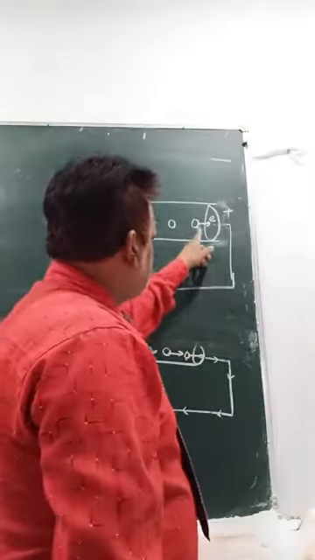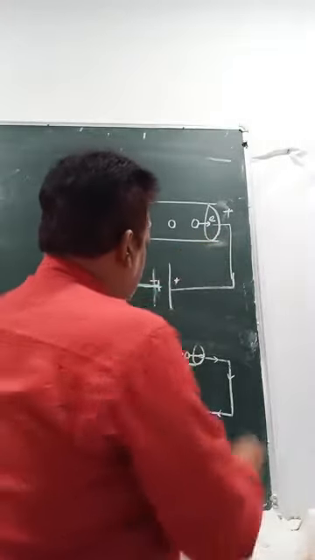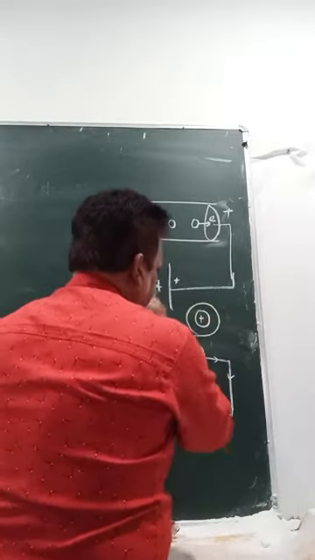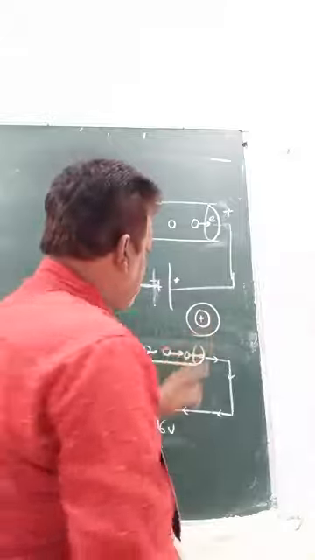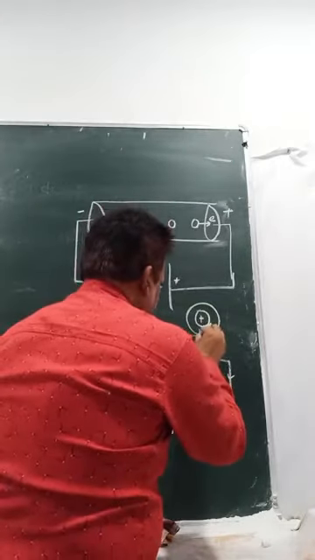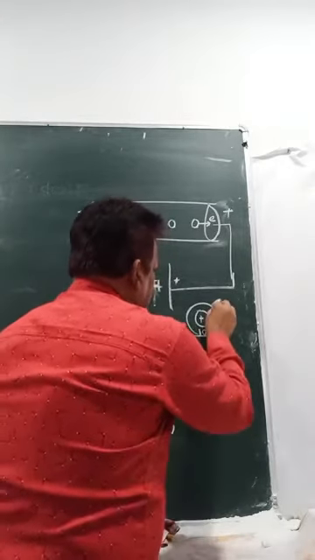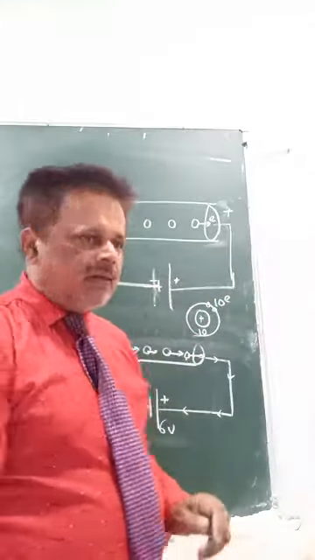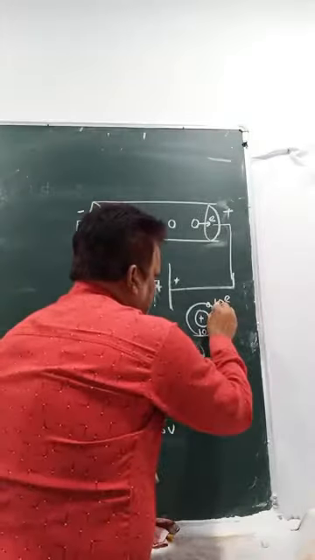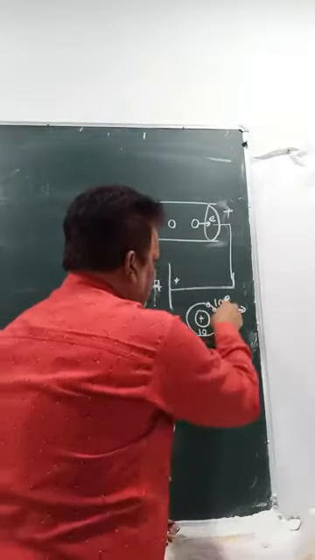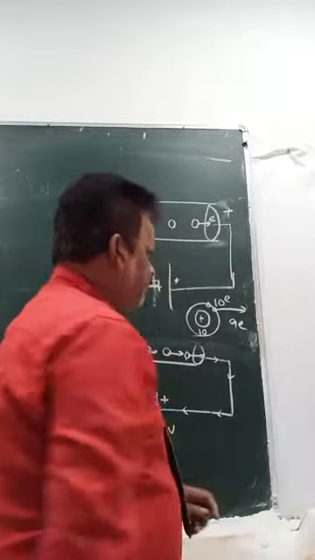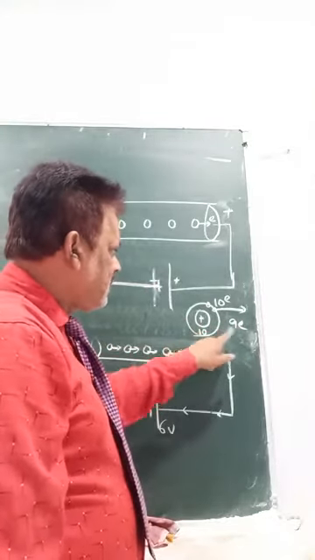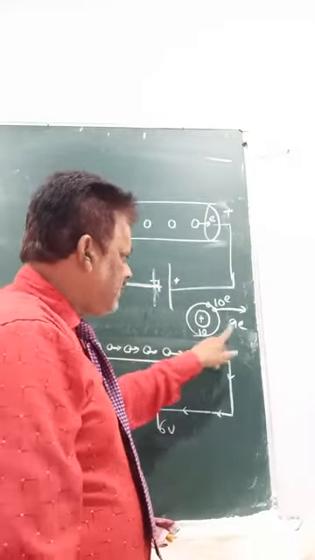If one electron moves out, then I told you before atom is neutral. Suppose there are 10 protons here. Then there will be 10 electrons like this. But my point, if one electron is moved out, then how many electrons are there? 9 electrons. 9 electrons will neutralize 9 protons because they are equal in magnitude, opposite charge.